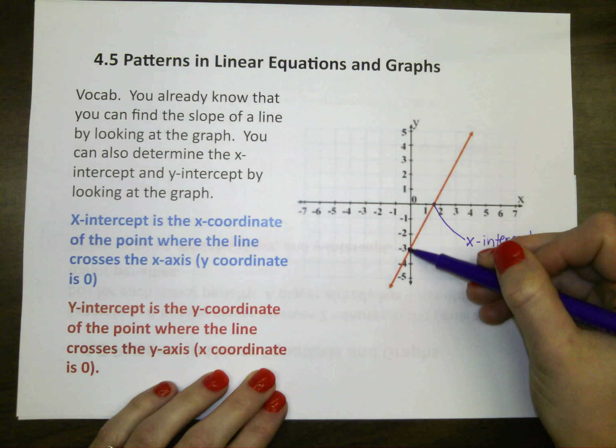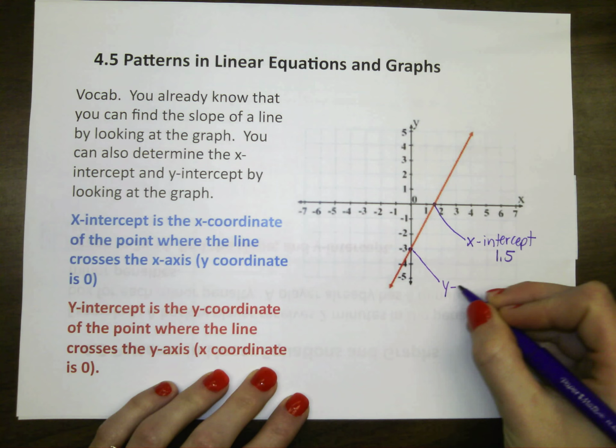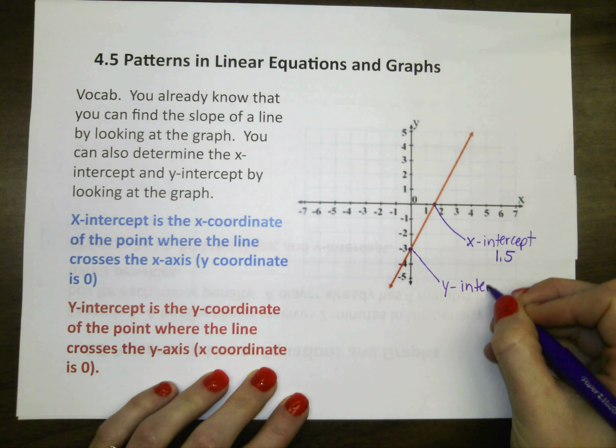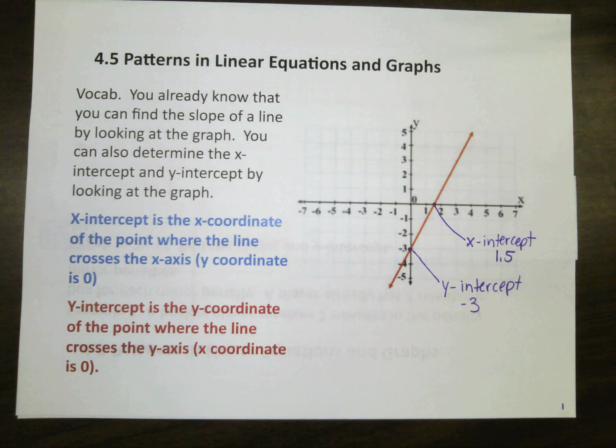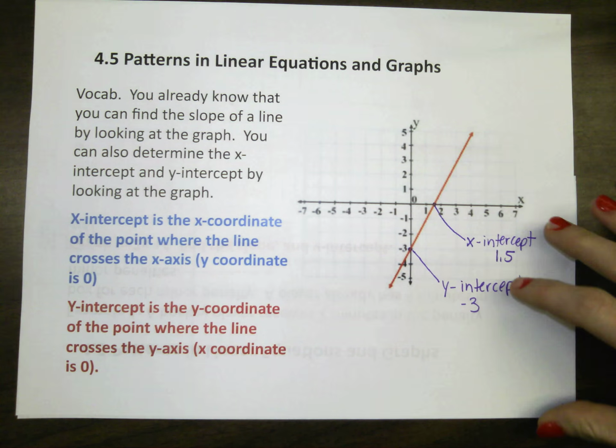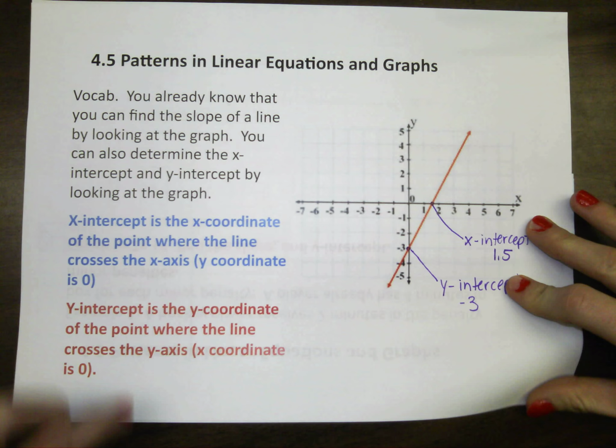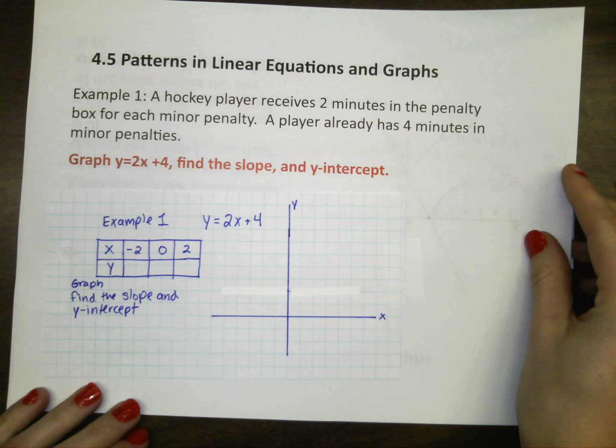So in this case, along here, x is 0, we cross here. So here is our y-intercept, which is equal to -3. So we're going to use these going forward to help us use these linear equations to create a graph.